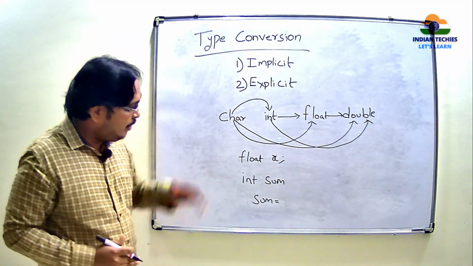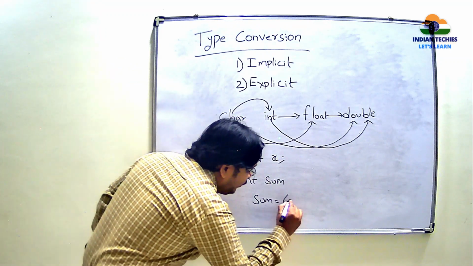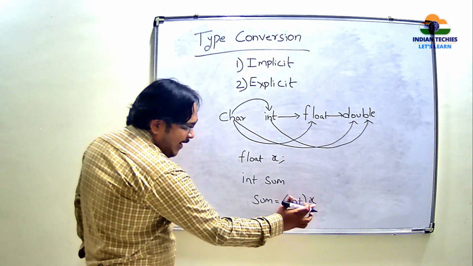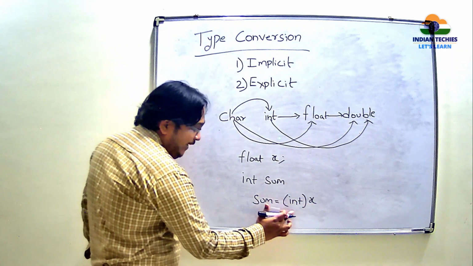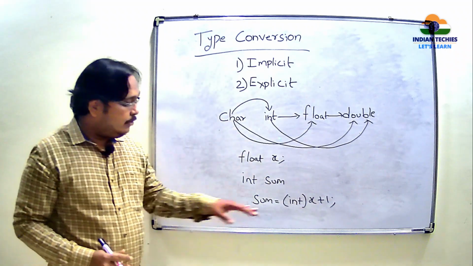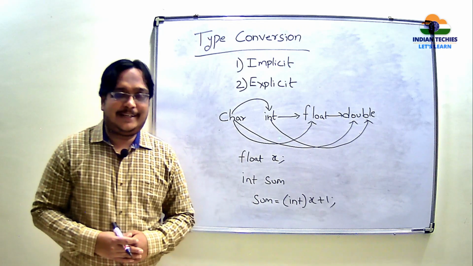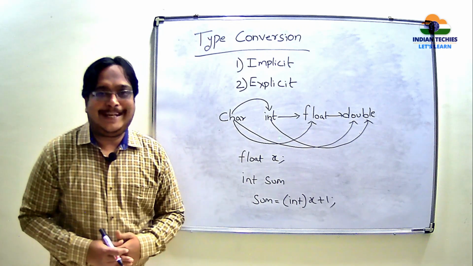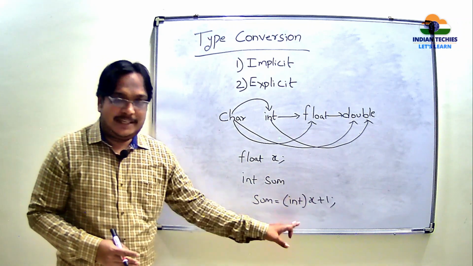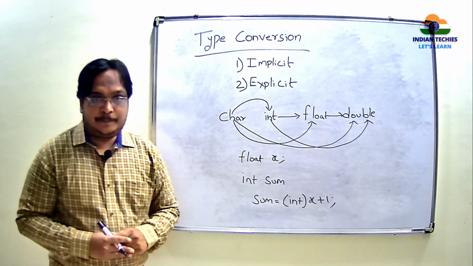But we want to convert float x into integer. So in brackets, you have to mention int before x. This means the x value will be converted into int, plus 1. Now sum gets the total value of x plus 1. What happens here is that the fraction part will be ignored, truncated, removed. Only the integer part of x will be considered and plus 1 will be done. Then the total result will be stored in sum.